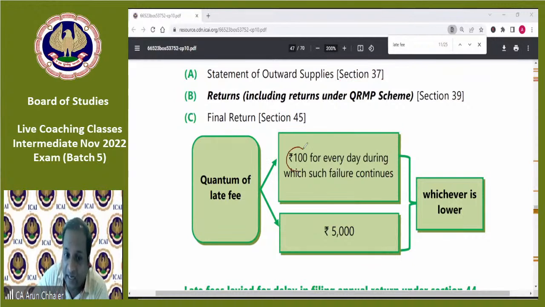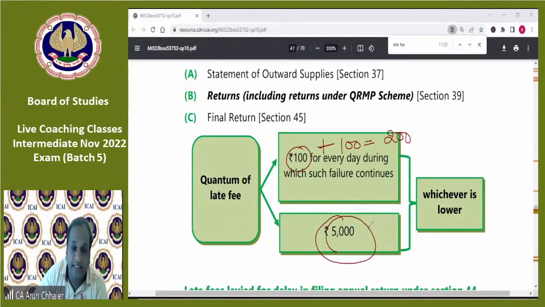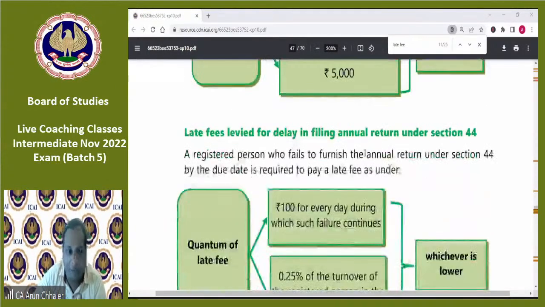So if there is 100 rupees according to the CGST, I need to add rupees 100. So the total will be 200 rupees per day, subject to the maximum of 5,000 CGST and 5,000 SGST also. We need to pay the maximum late fees of 10,000. So you need to double the penalty amount or late fees amount.